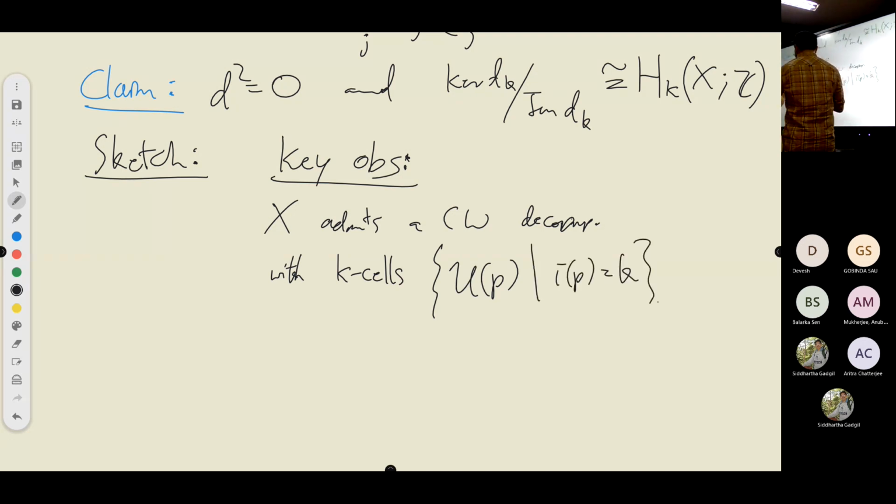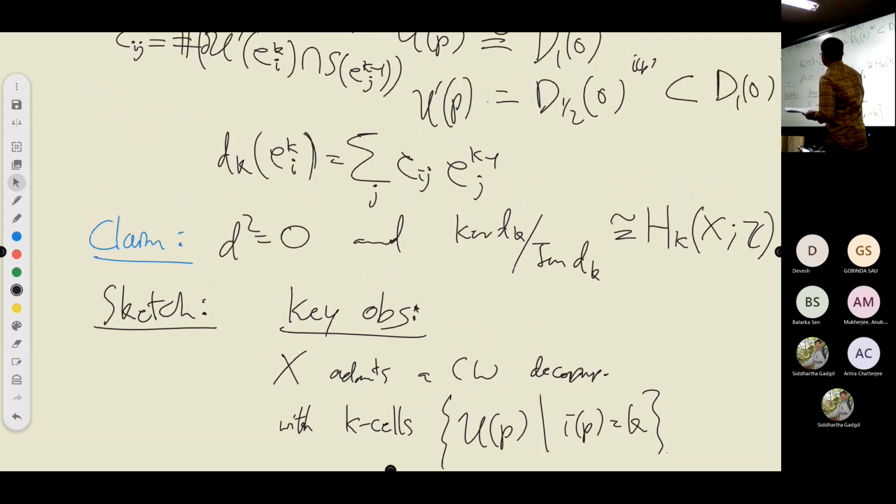These are going to be your k-cells. And the attaching map is described by how the stable manifold and the unstable manifold intersect each other. And this number that you see over here is a manifestation of that. But of course, this requires more because you need to say that they glue on in a continuous fashion and whatnot, whereas over here, you're just counting some intersection points.